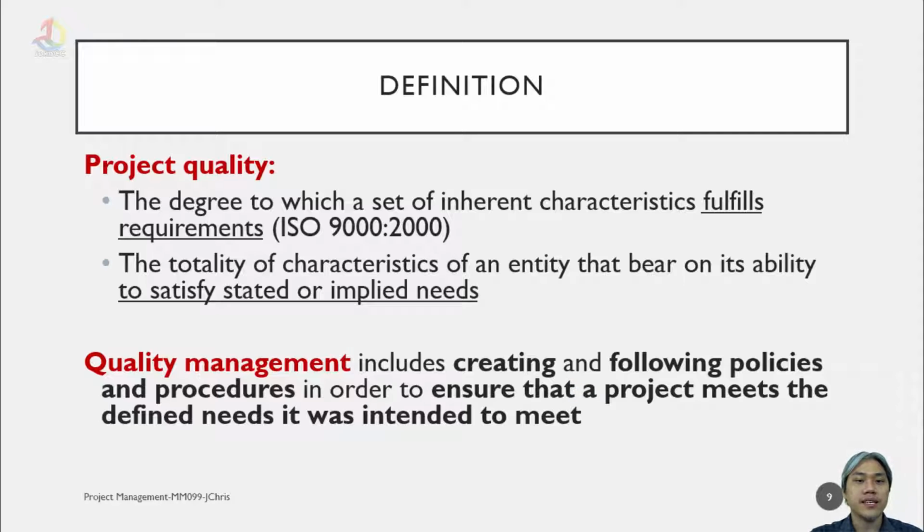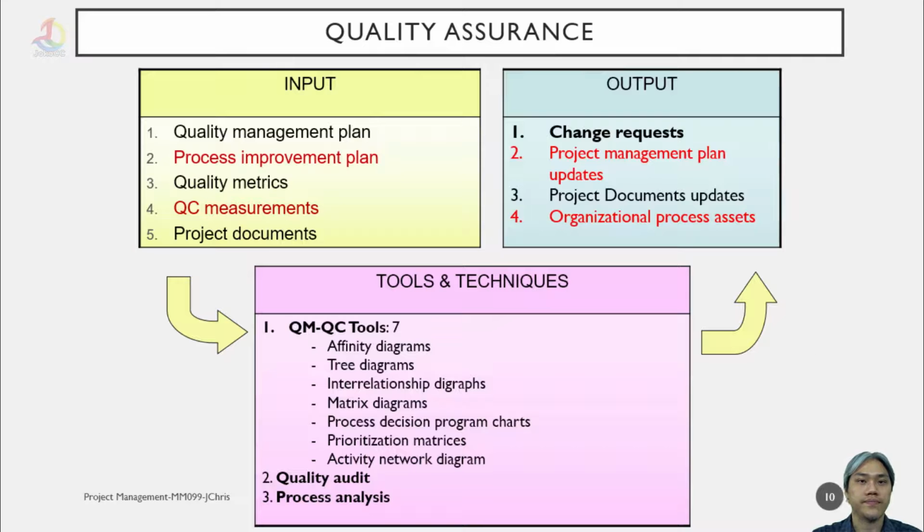The second definition is the totality of characteristics of an entity that bear on its ability to satisfy stated or implied needs. Quality management will include creating and following policies and procedures in order to ensure that a project meets the defined needs it was intended to meet.